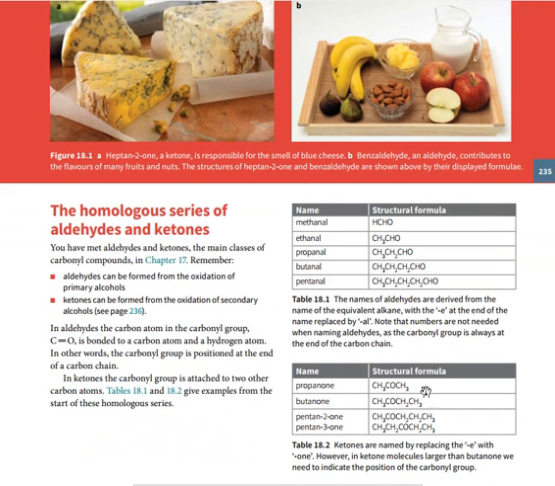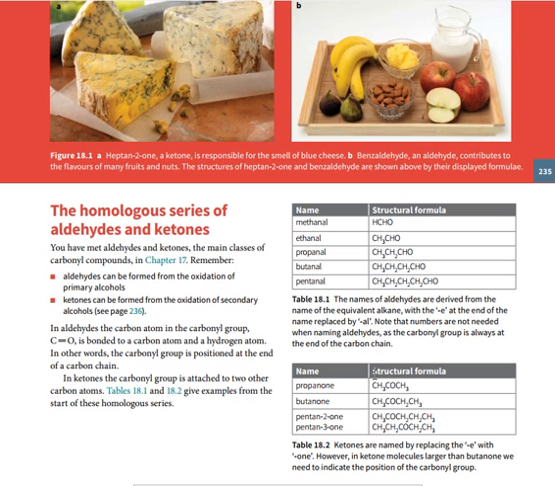In the case of ketones, they only start from three carbon atoms, because for it to have two alkyl groups attached to the carbon atom of the carbonyl functional group, you need to have two carbon atoms on the sides and one carbon atom at the center. So it makes a total of three carbon atoms.